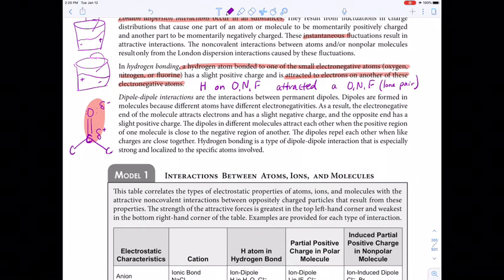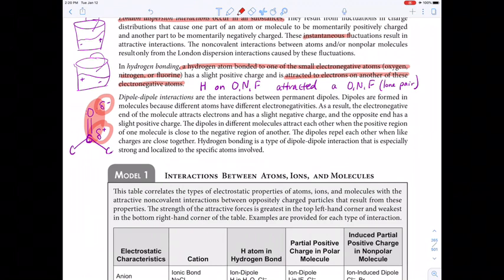As a result, the electronegative end of the molecule attracts electrons and has a slightly negative charge, which we showed right there. The opposite end has a slight positive charge down here because it's had some of its electron density pulled away from it by that oxygen.